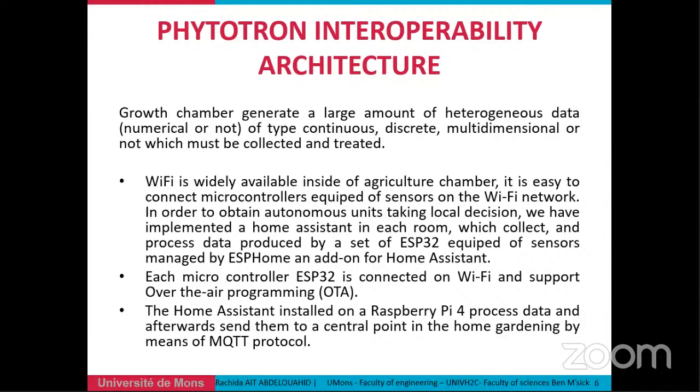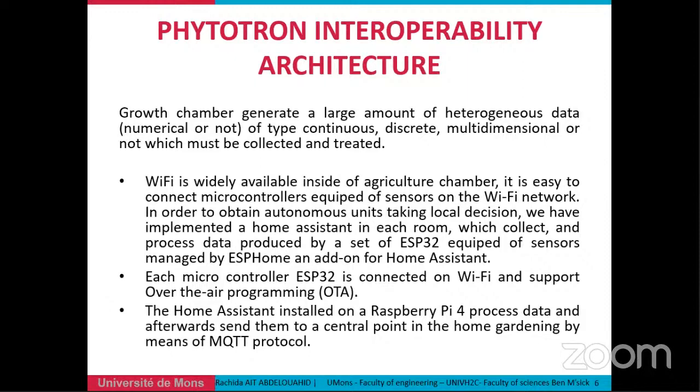In order to obtain an autonomous unit that takes local decisions, we have implemented a Home Assistant in each room, which collects and processes data produced by a set of ESP32, which is a microcontroller equipped with sensors managed by ESPHome, an add-on for Home Assistant.